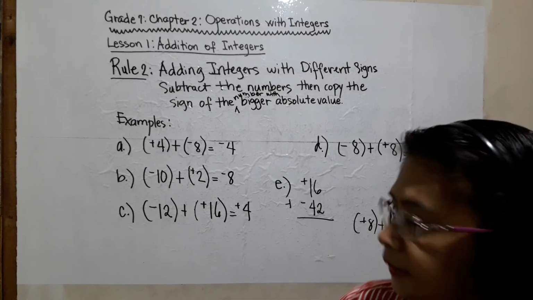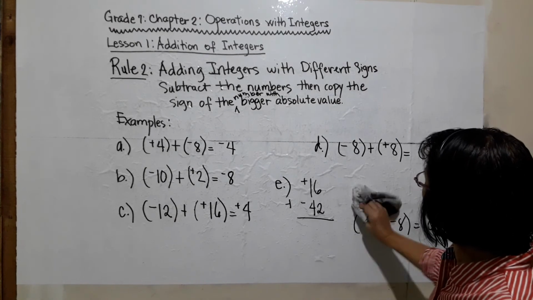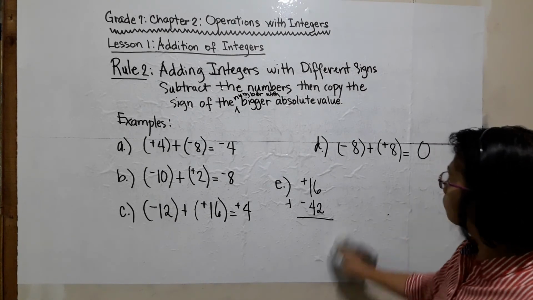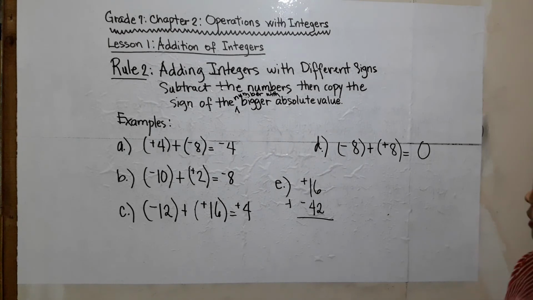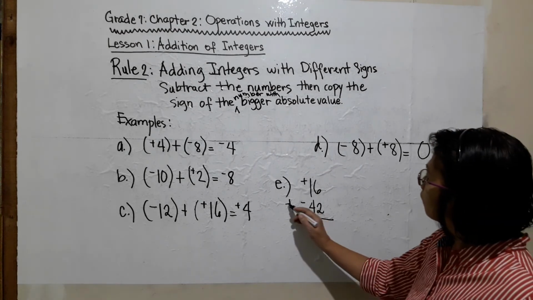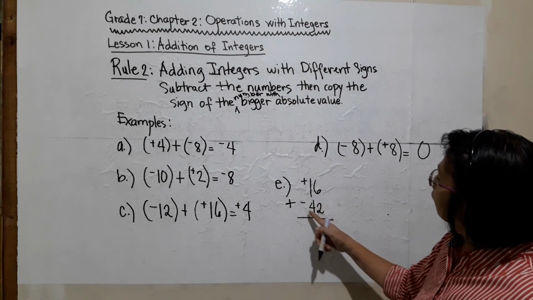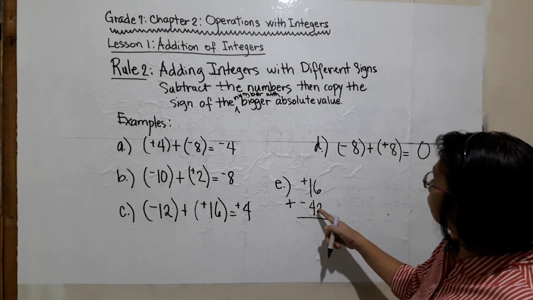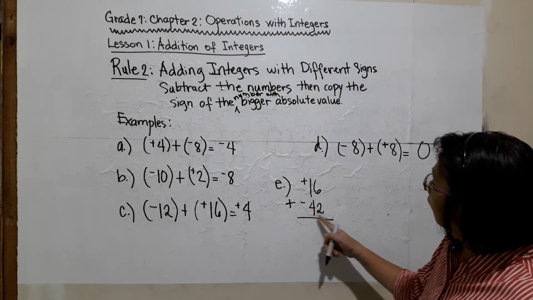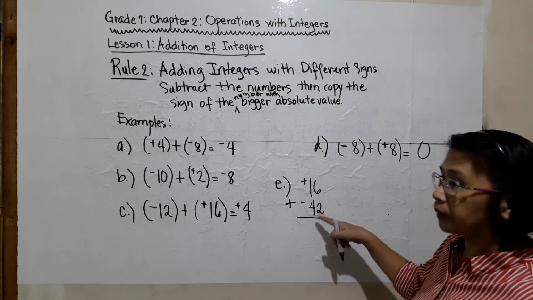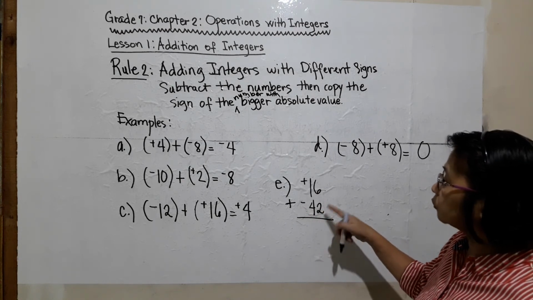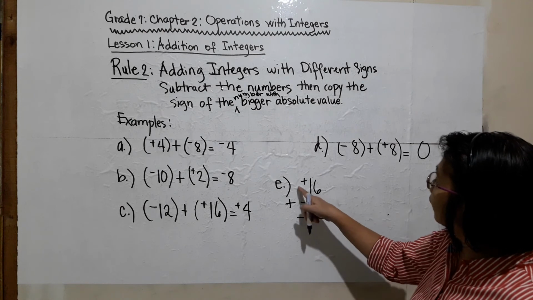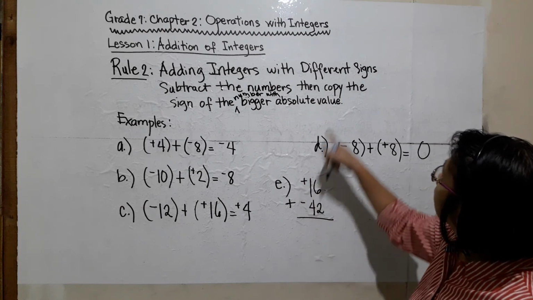Okay, what about letter E? For letter E example, the negative 42 with bigger absolute value is written below. But we need to subtract the numbers since the signs are different.